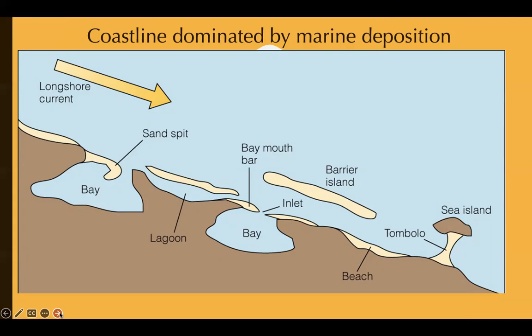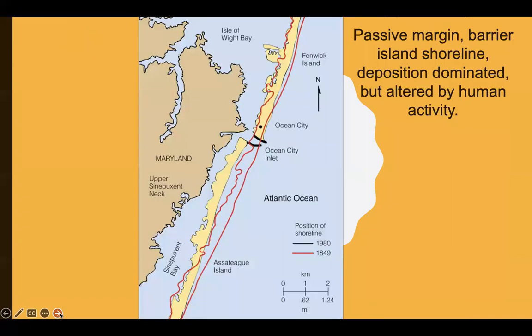A lot of times with a barrier island that creates some sand catch, or tombolo where there's a little tiny sea island out to shore, but underneath there's maybe some leftover rocks that have been eroded that catches that sand. There is a slight margin, or what we call a passive margin, on a barrier island. So the barrier island of Maryland on the East Coast creates this catch for sand.